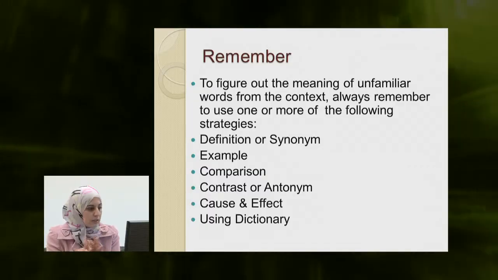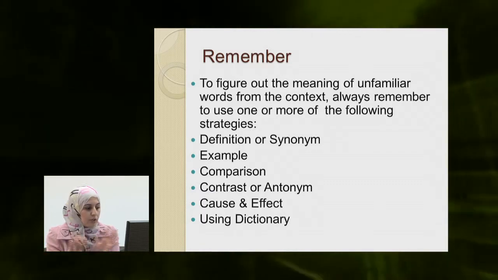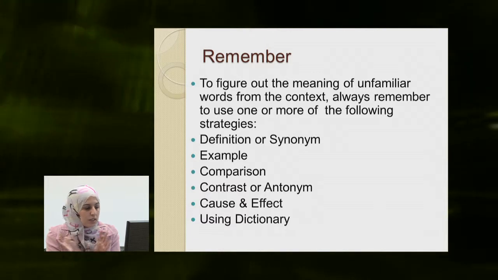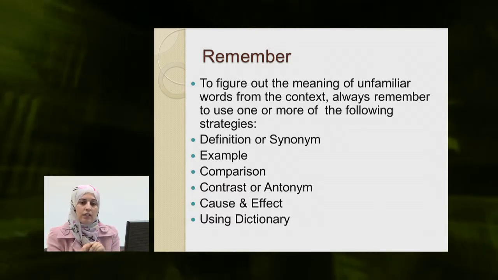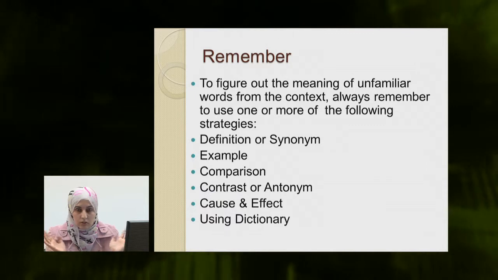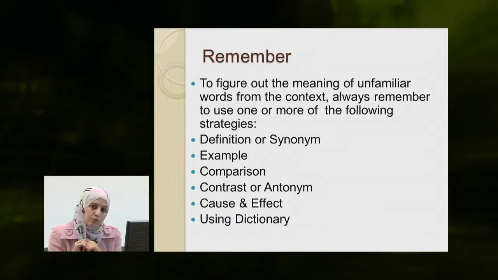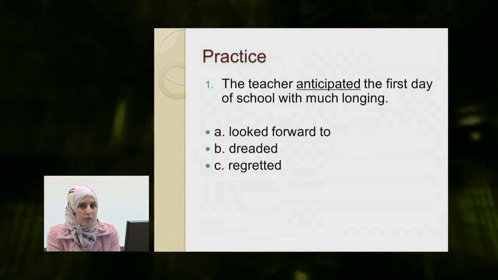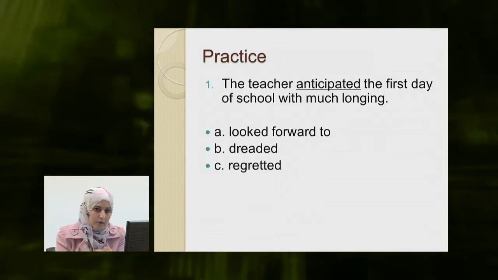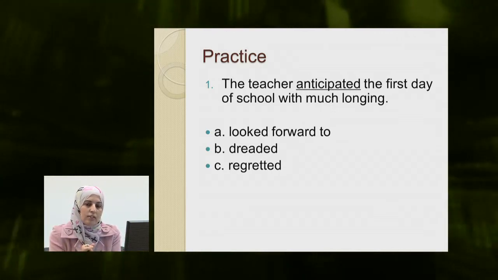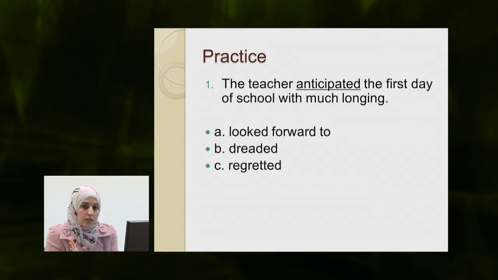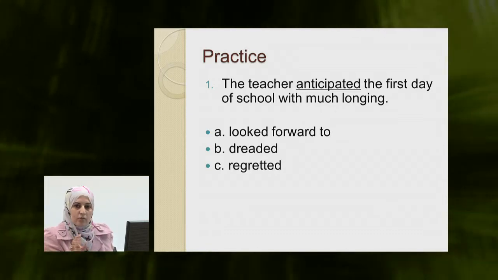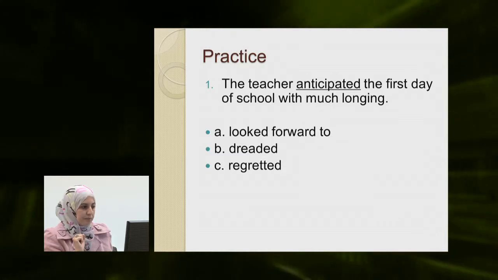Remember that you use definition or synonym, you use example, comparison, contrast or antonym, cause and effect, and finally, if all these strategies did not work out, you move to using a dictionary. You need more practice actually, just to wrap up and practice all these strategies. Here are some examples with 3 multiple choices. Try to find out the meaning of the underlined word.